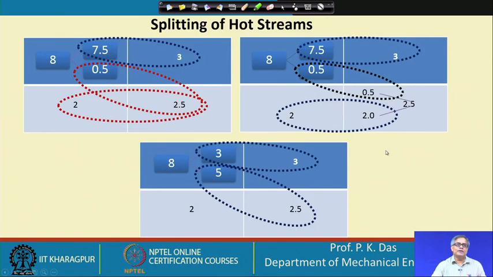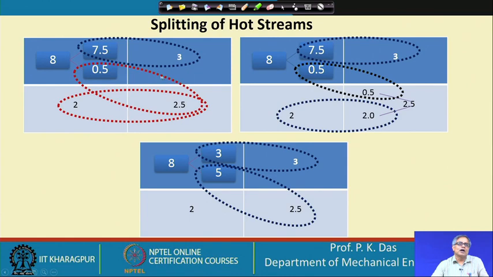So, let us keep this in mind. If we keep it in mind, the hot stream 8 we are splitting into 7.5 and 0.5, and then this is 2. So, there are 3 hot streams, more than the number of cold streams.